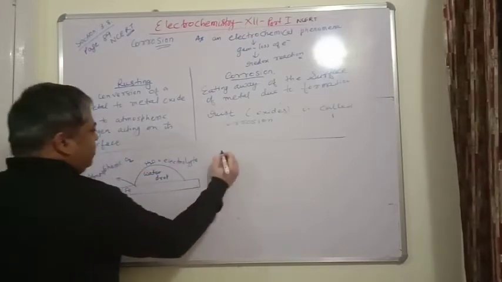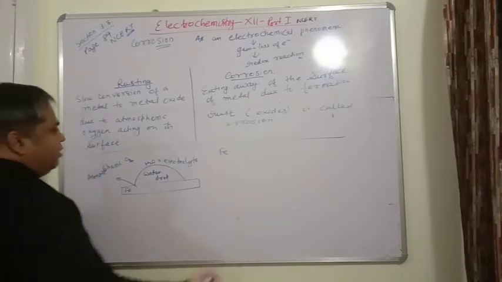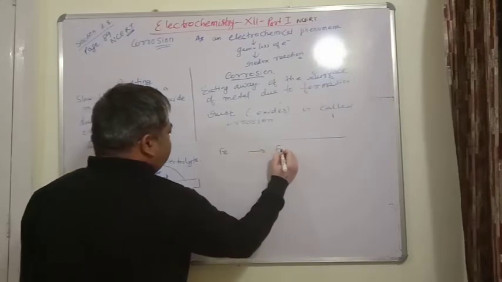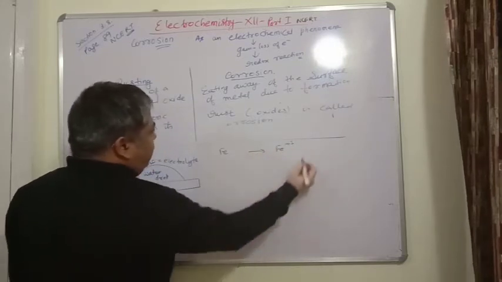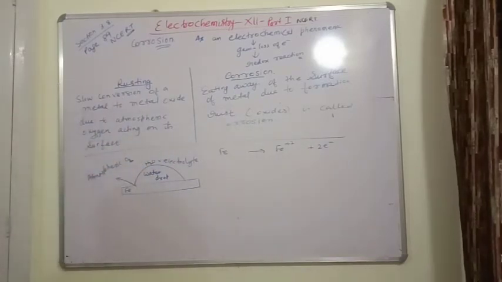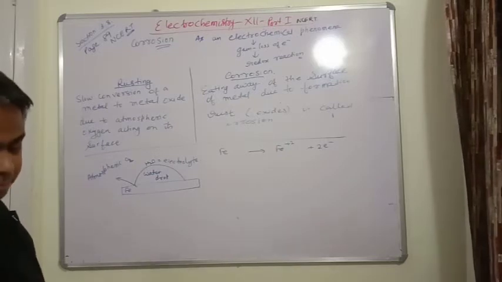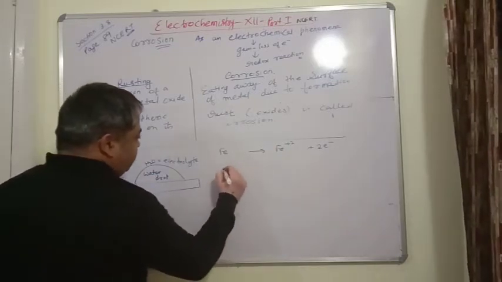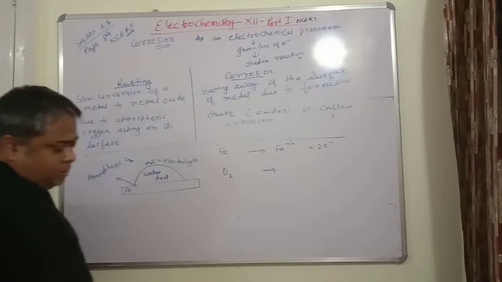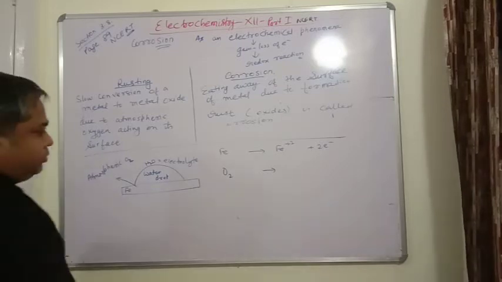Now what happens? First of all, Fe does not become Fe3+ all of a sudden. First, Fe becomes Fe2+ and leaves 2 electrons. Now the atmospheric oxygen converts itself into H2O.